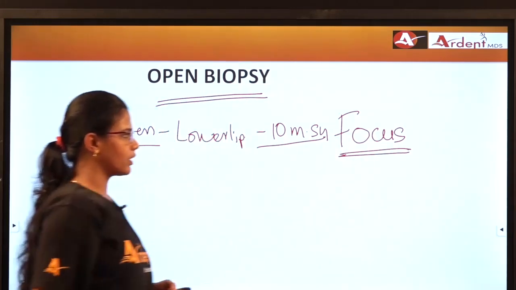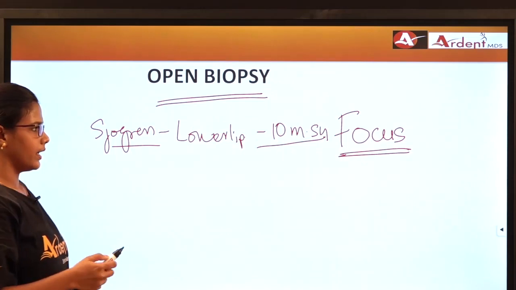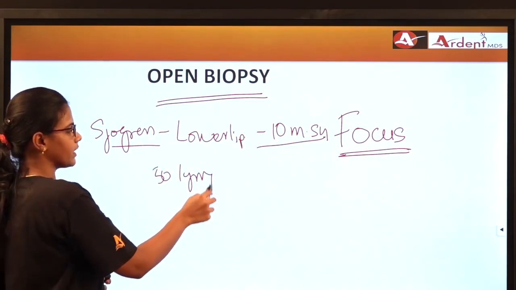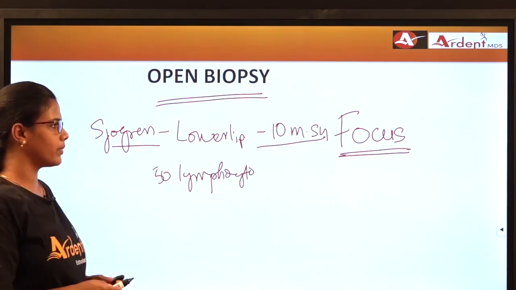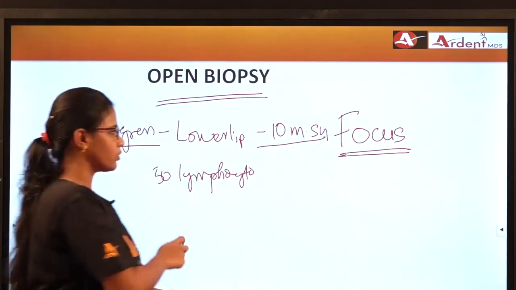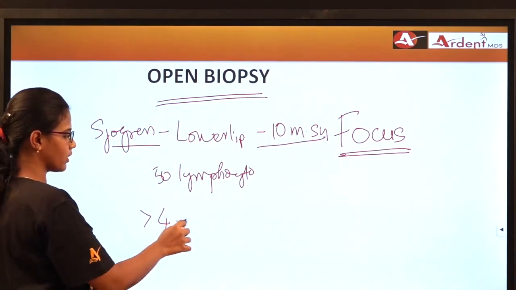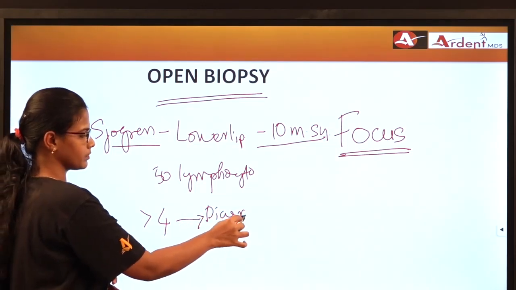So what does a focus in Sjogren syndrome mean? A focus means 50 lymphocytes in salivary gland tissue when you see through a high power microscope. In this, 4 foci or greater than 4 foci is diagnostic of Sjogren syndrome.